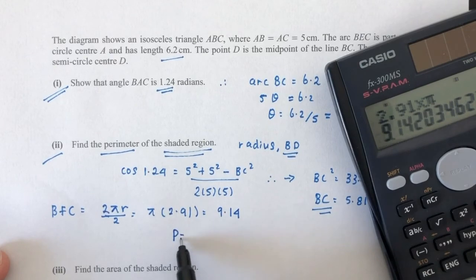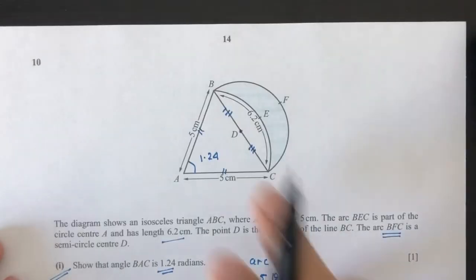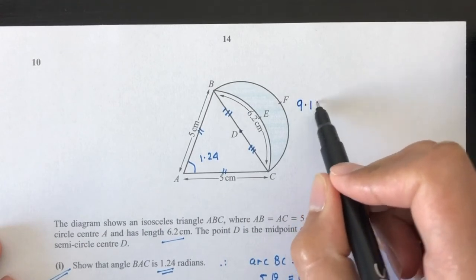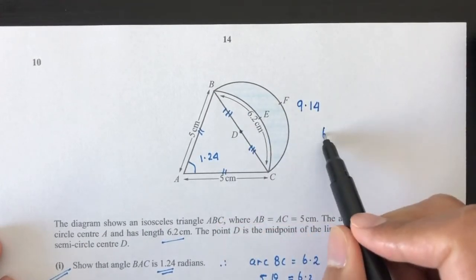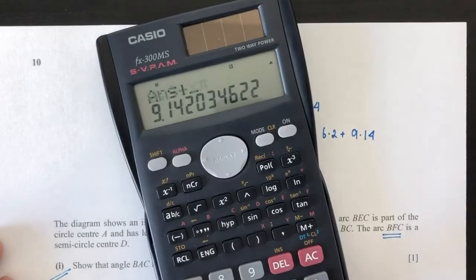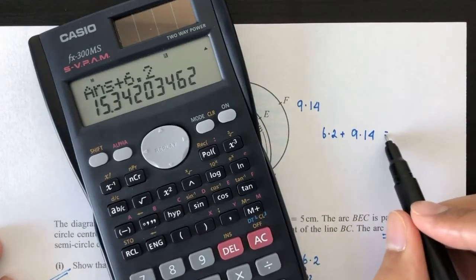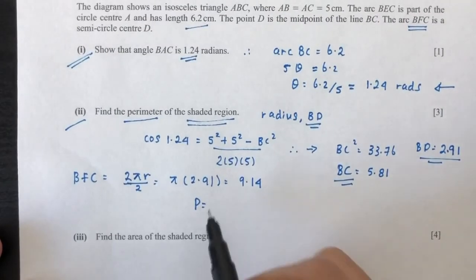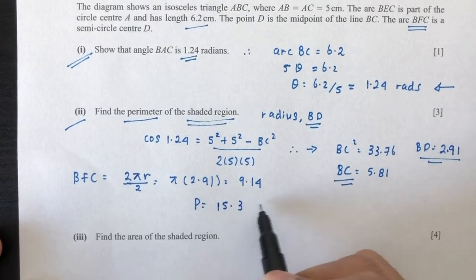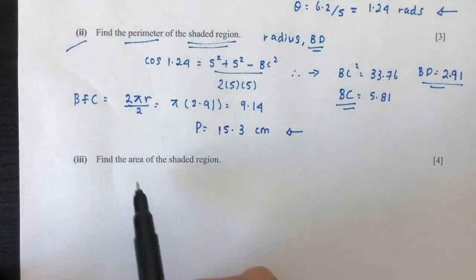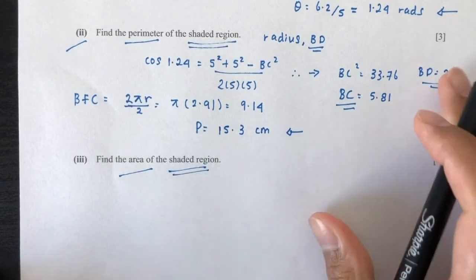So now for the perimeter, you have to add this one and this one. This one we just found out was 9.14. So it will be 6.2 plus 9.14. That will be 15.3. That will be the perimeter of this shape, 15.3 centimeters.